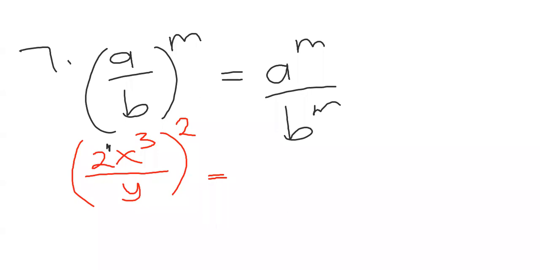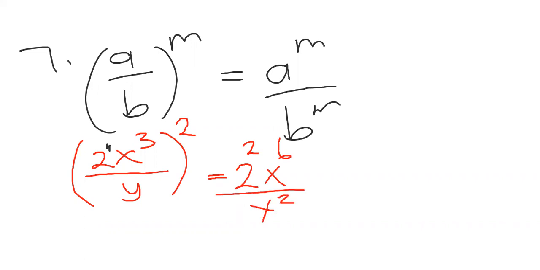So it means the power 2 that is outside raises everything that is inside. So we are now going to have 2 to the power 2, then x to the power 6, everything divided by y to the power 2.